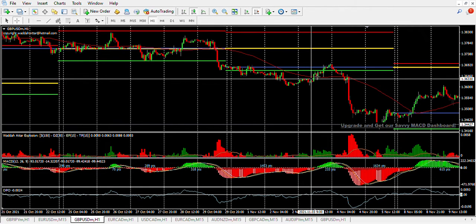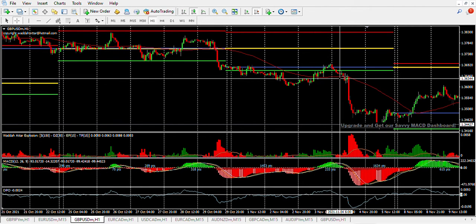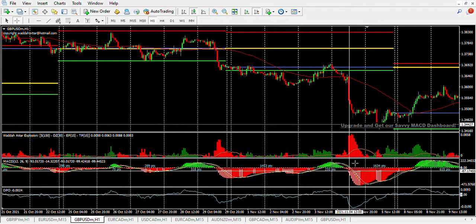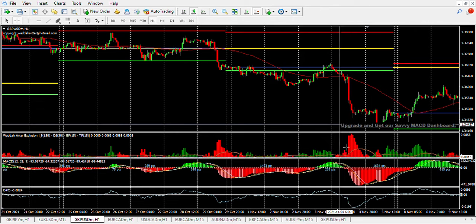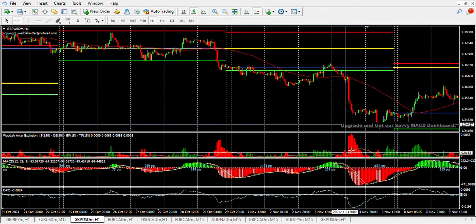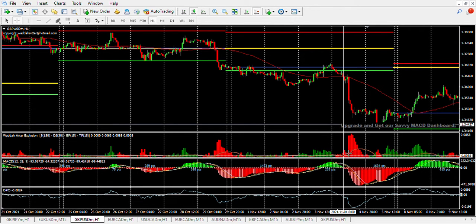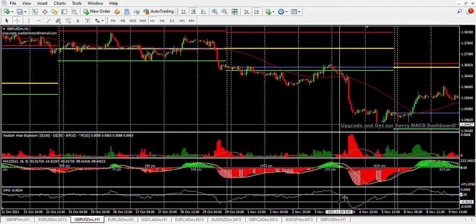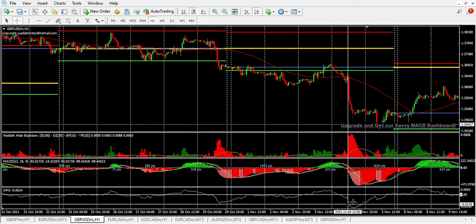So this histogram tells me green. I would wait, and once it says red on my MACD, I would take the trade because my volume already says that it is a sell, and this one has already told me it's underneath.